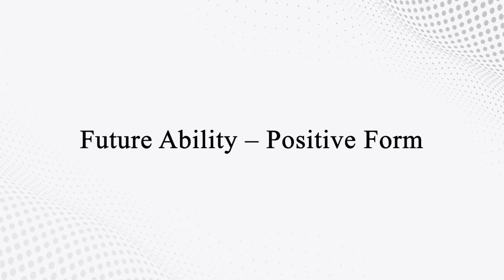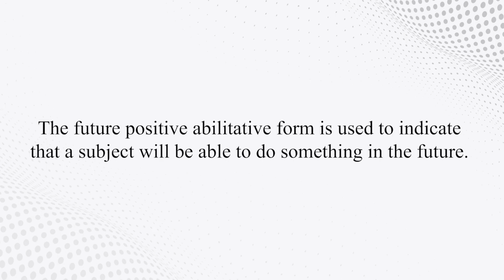Future ability positive form. The future positive abilitative form is used to indicate that a subject will be able to do something in the future. This form expresses potential ability or capability that can be performed later.